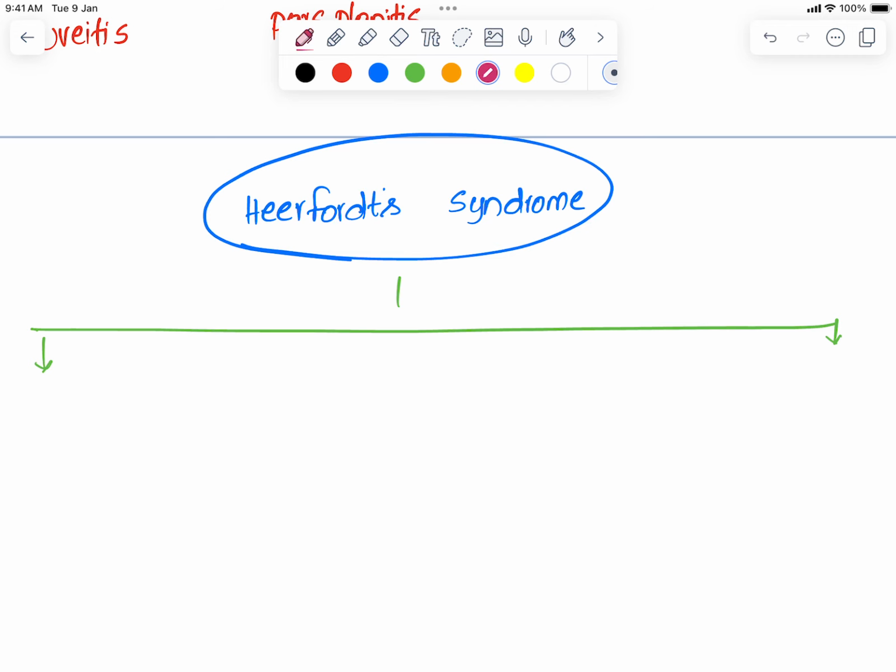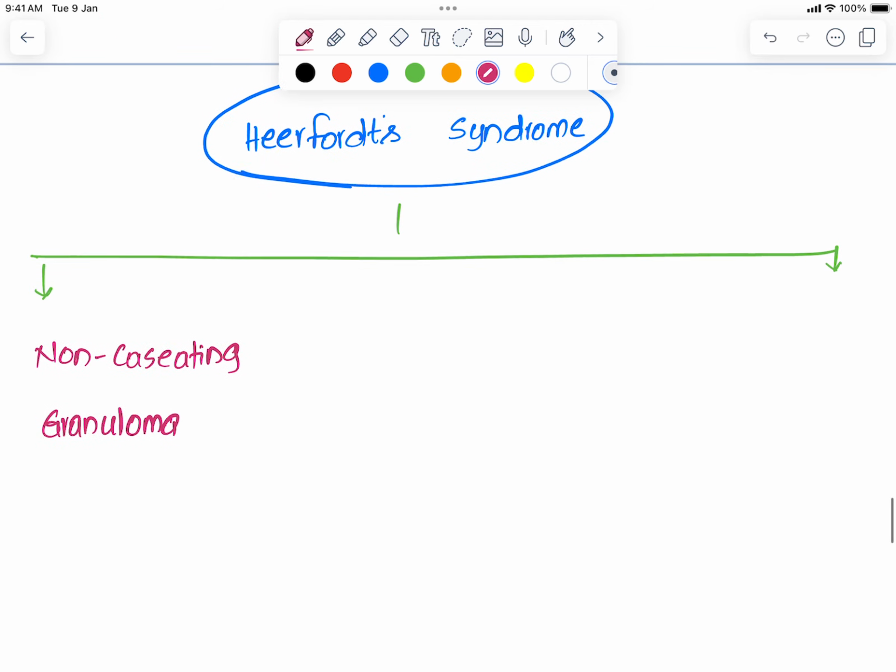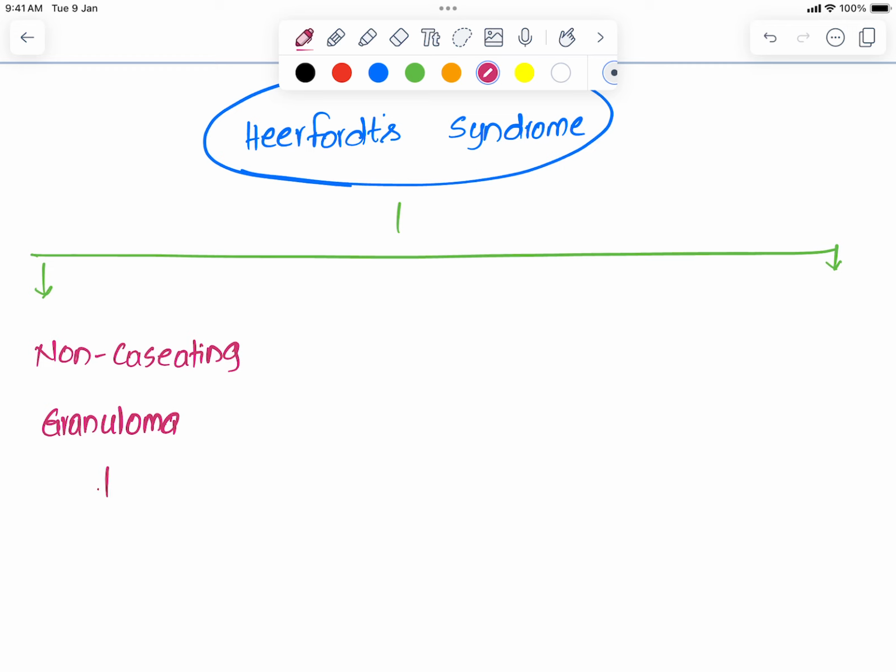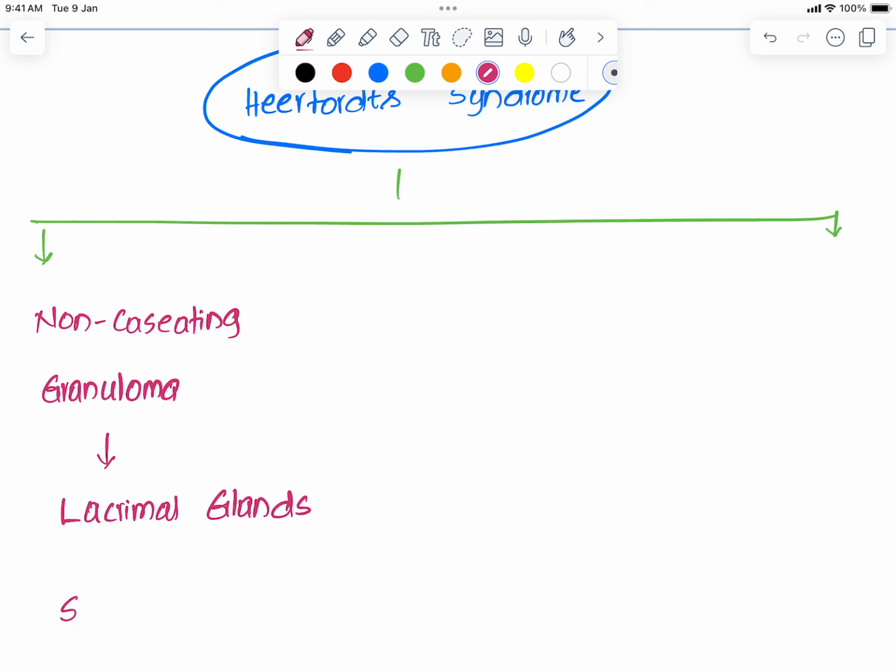In this individual you have non-caseating granuloma accumulating in the lacrimal glands as well as the salivary glands.